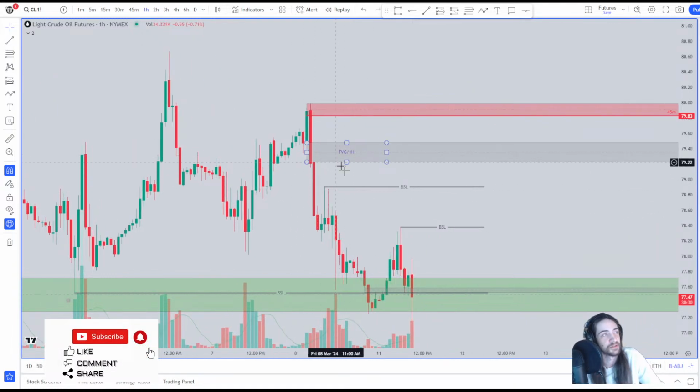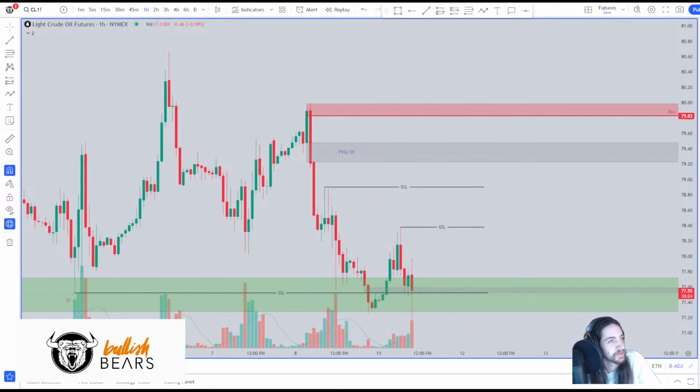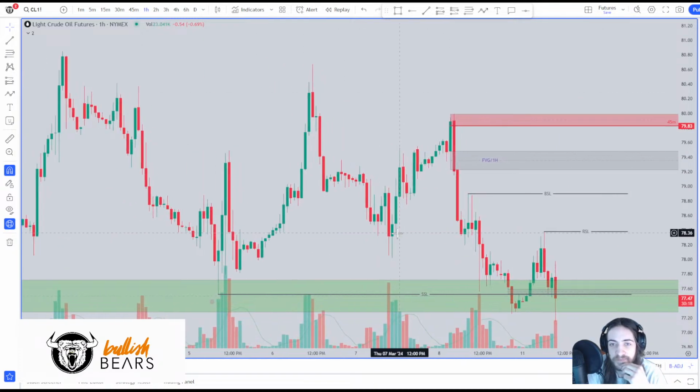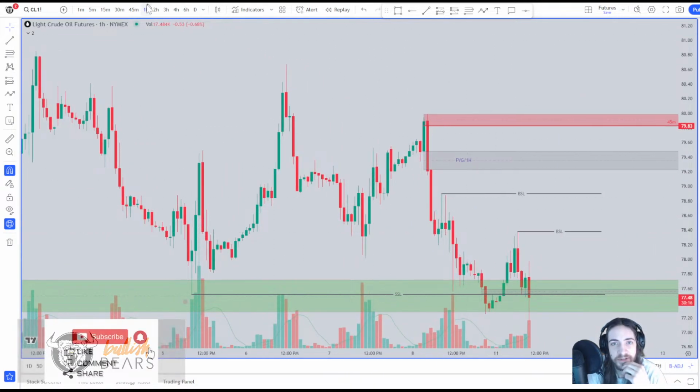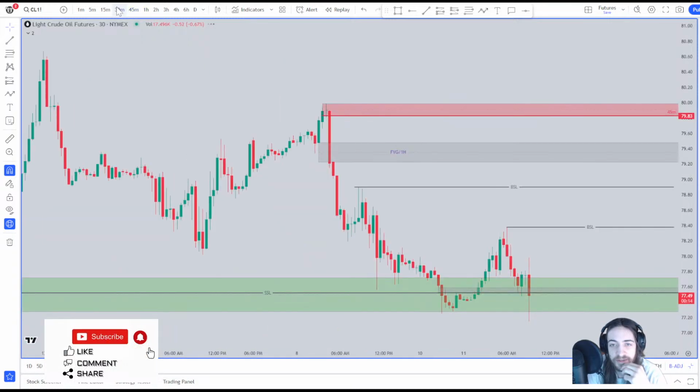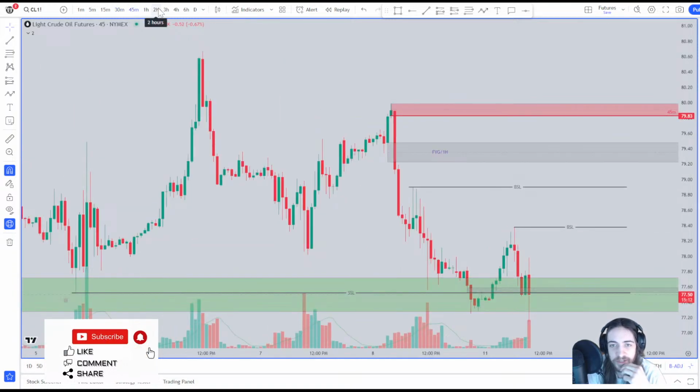This was sort of my final target for crude oil longs last night, so that's why I didn't really have much confidence in it. What else we got? Let's see if we got any 30-minute zones on crude oil. Not seeing much at all.